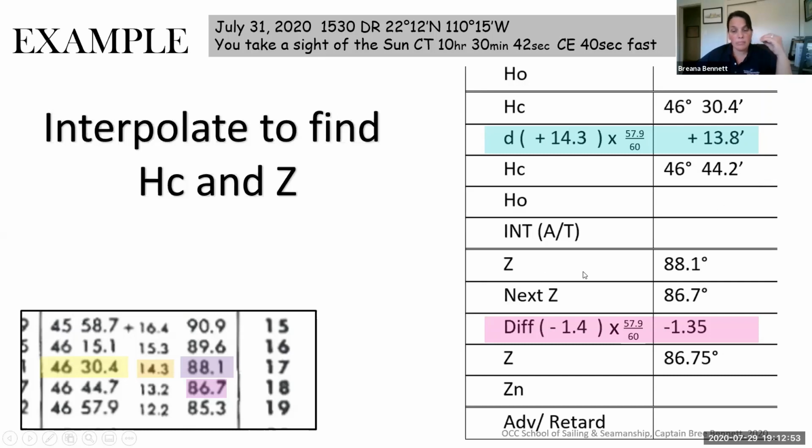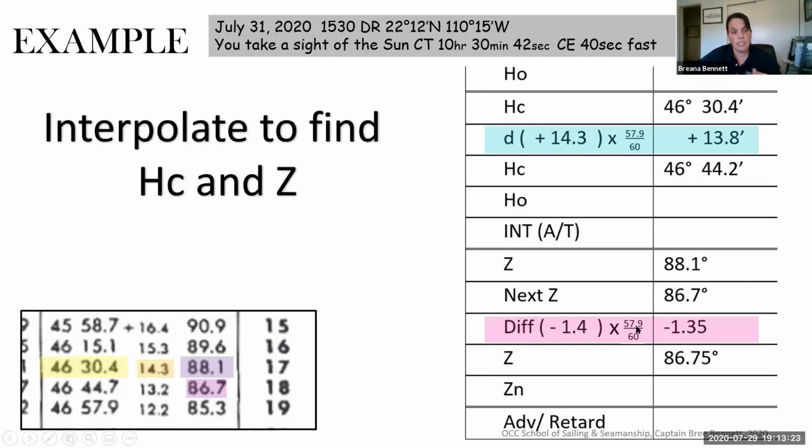I do the same type of thing with my azimuth. I get my Z, which was my 88.1. My next Z was 86.7. So on this one, I have to calculate the difference myself. It doesn't give me a d, but we can do it. We can plug it into our calculator. And I get that the difference between 17 and 18 was minus 1.4 degrees.